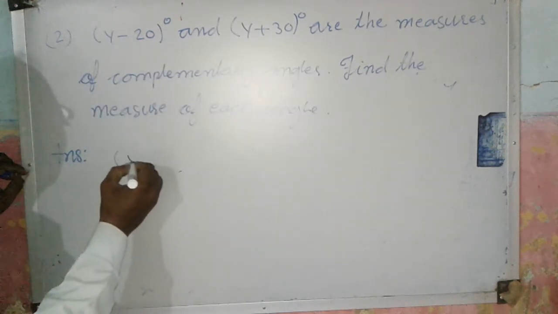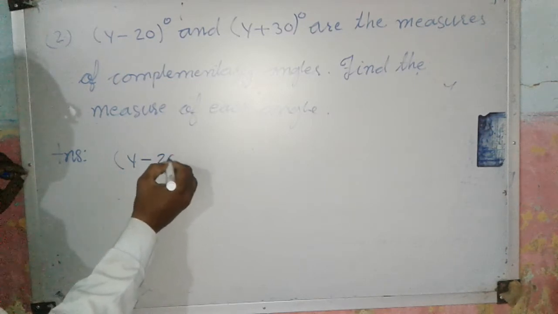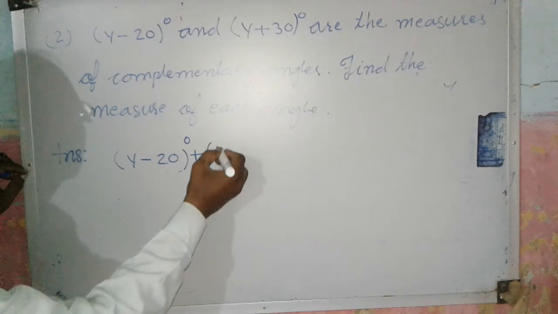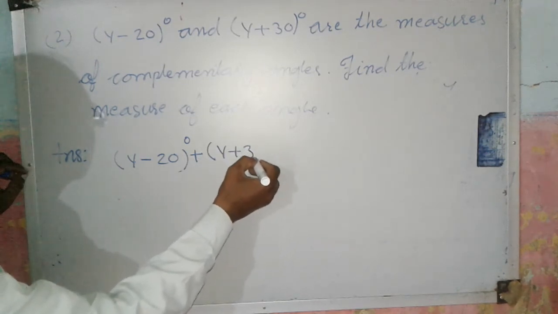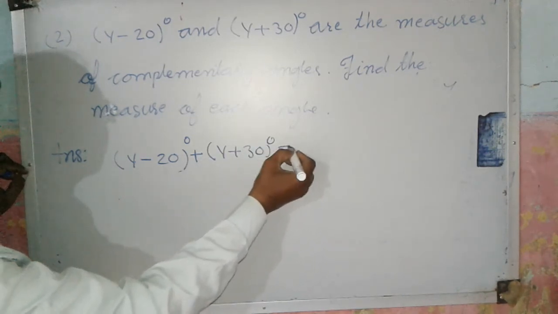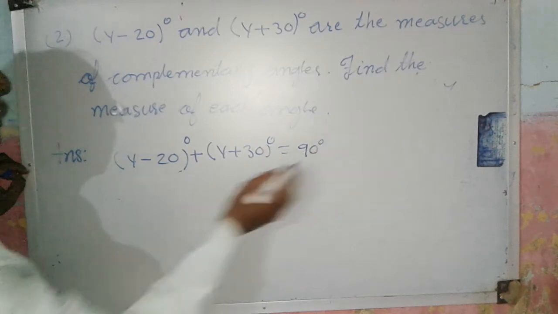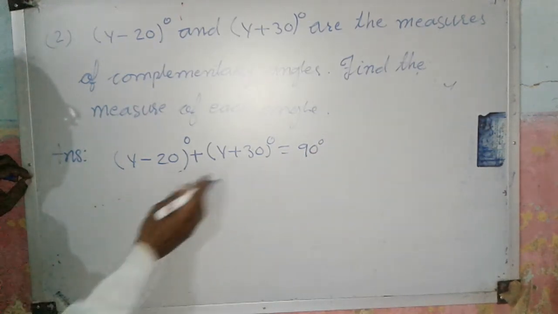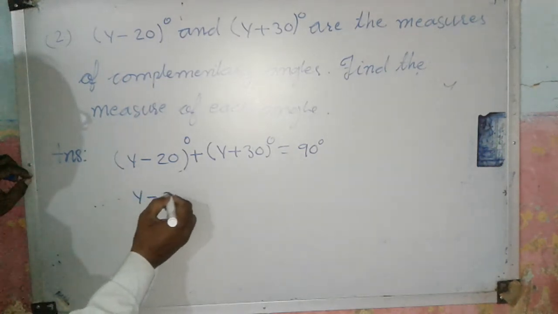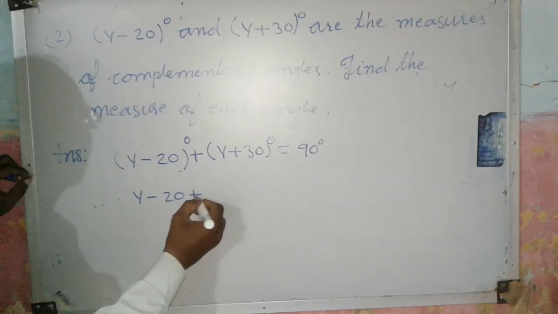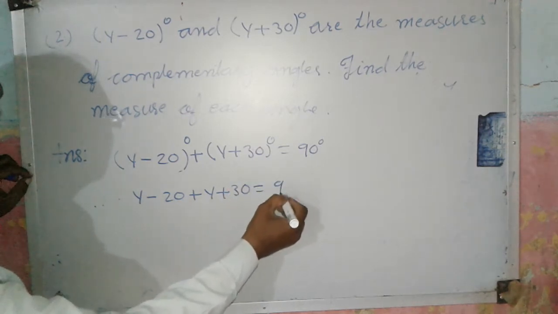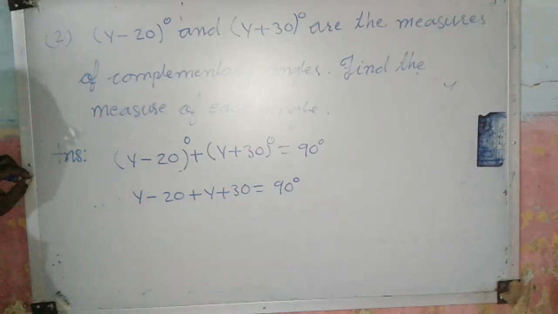Therefore, (y minus 20) degrees plus (y plus 30) degrees, the sum is 90 degrees. Therefore, solve these brackets. y minus 20 plus y plus 30 is equal to 90.